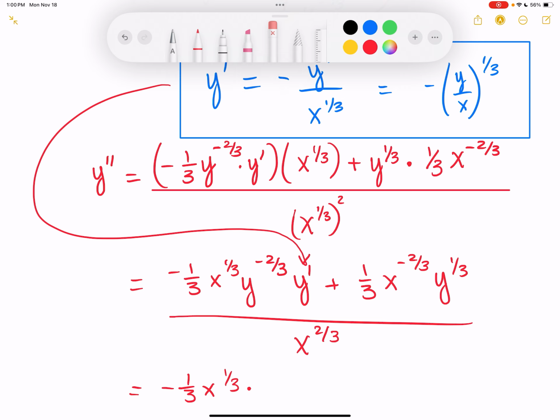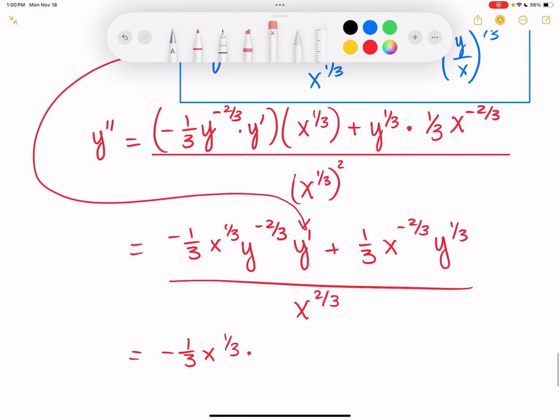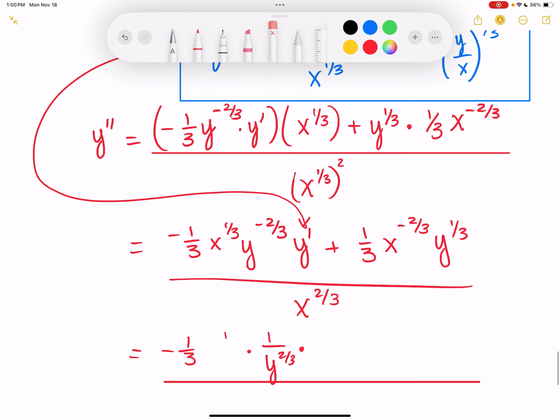When I say that, I mean 1 over y to the 2/3 like on top. It's not actually going all the way to the bottom because it can't yet. Times, hold on, I need to rewrite this x to the 1/3 situation here. I'm struggling.